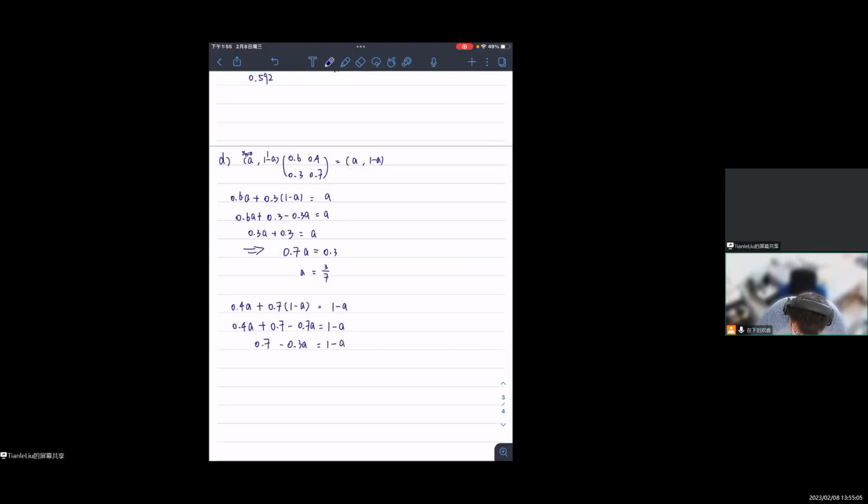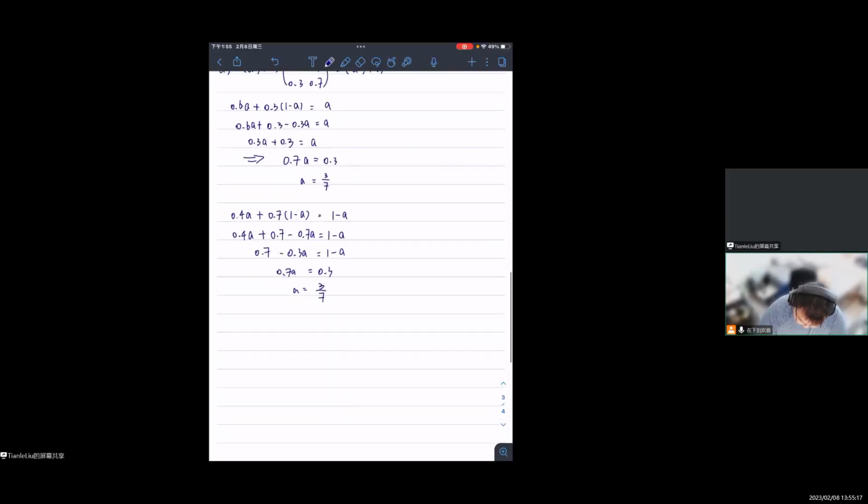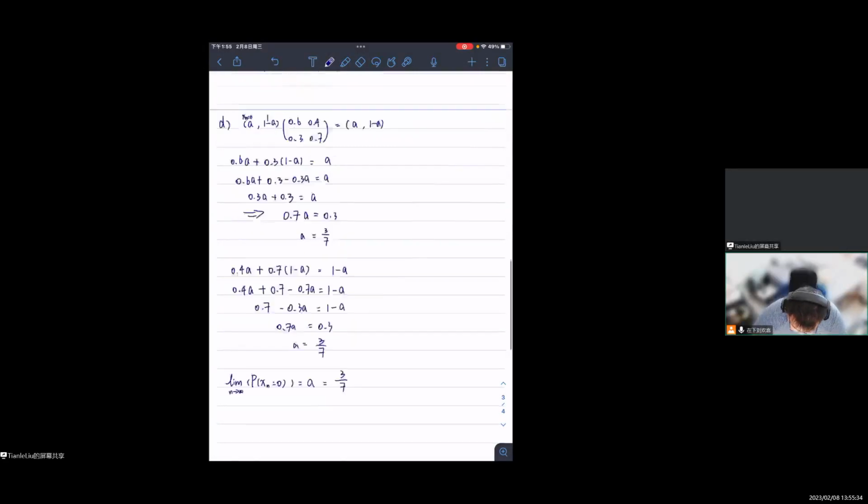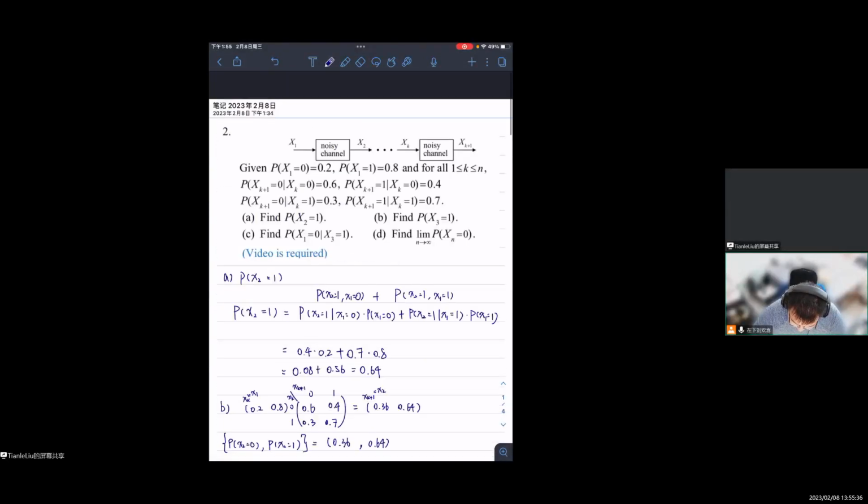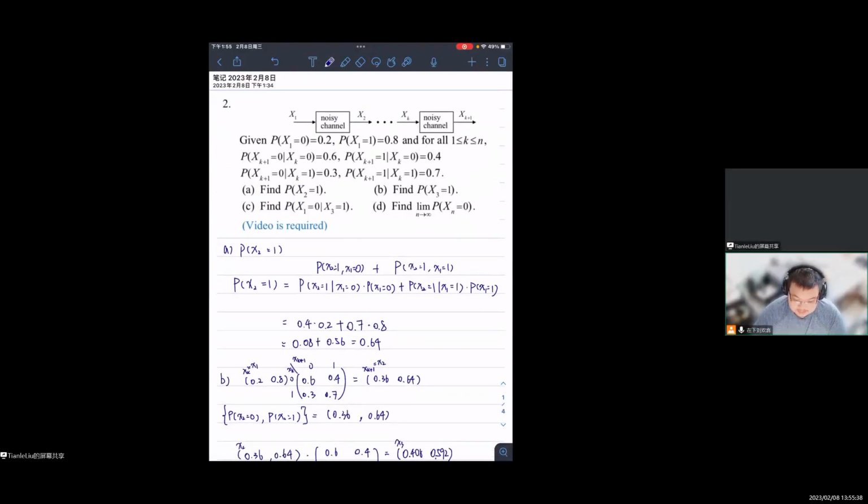Switch it up. We have the 0.7a equals to 0.3, which is a still be the 3/7. So we can get the limitation of the n goes to the infinity. The probability of xn equals to 0 will be a, which is 3/7. So that is all for this problem, for all 4 parts and the process.